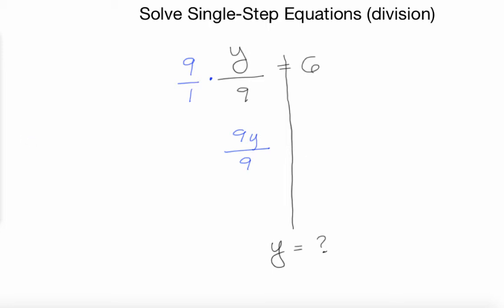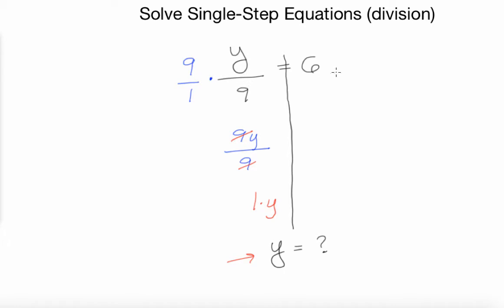Well, again, I've got this whole scenario of a number divided by itself. 9 divided by 9 just turns into 1, and I have 1 times y. And any number times 1 is just itself, so I've successfully isolated y. Feeling pretty good there. Now I just need to go back and make sure I do the same thing to both sides.